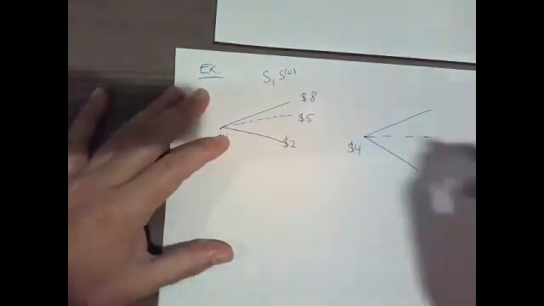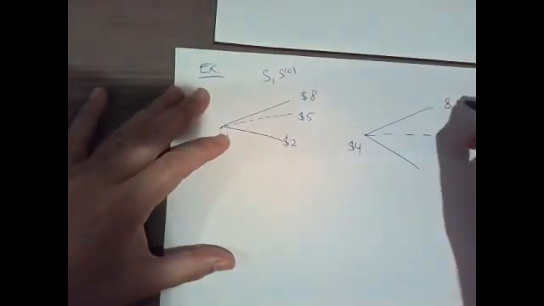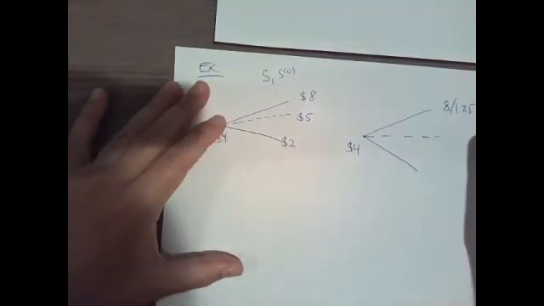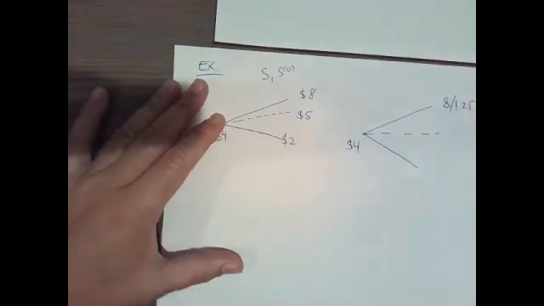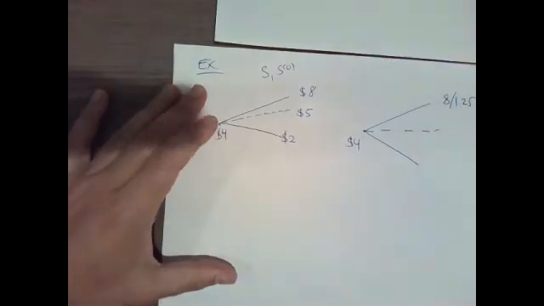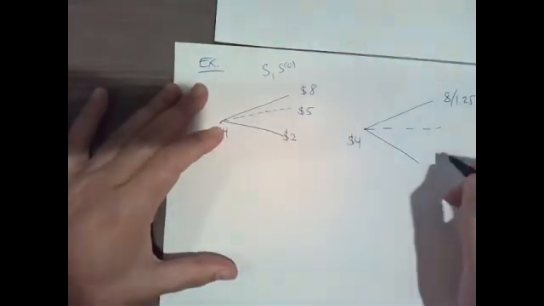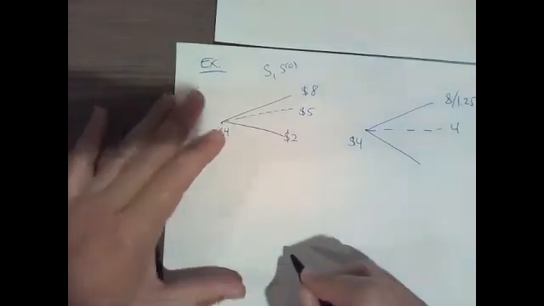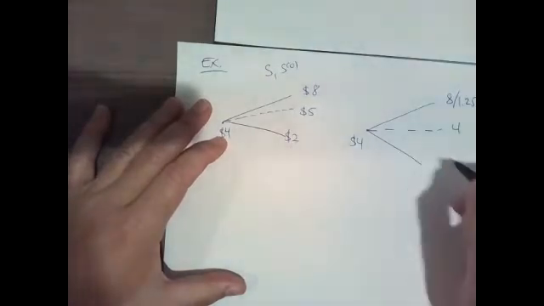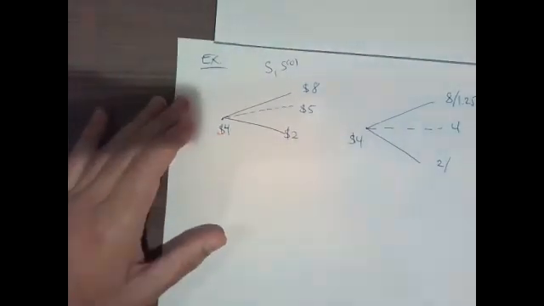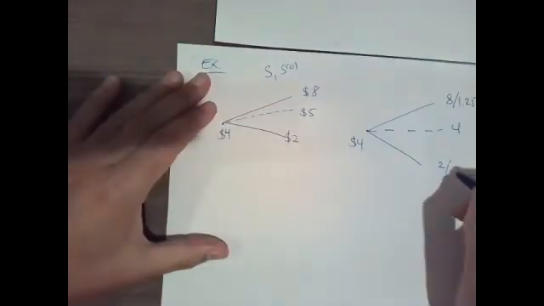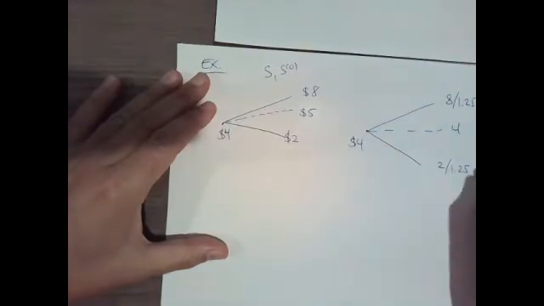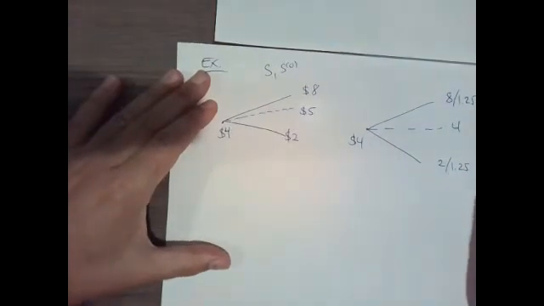So we will go from 4 up to 8 divided by 1.25. If I've done this correctly, I should get 6.4. And the same thing here: this here would be my 4, and then this one here would be 2 divided by 1.25. This should be 1.6.